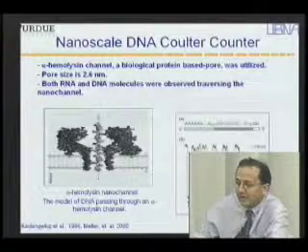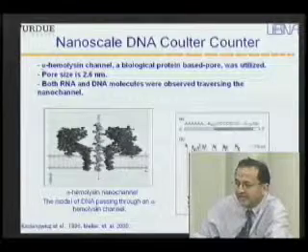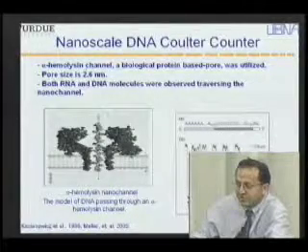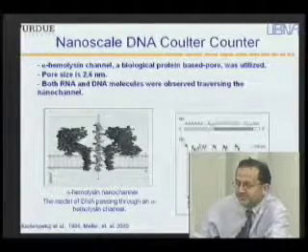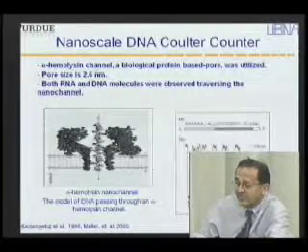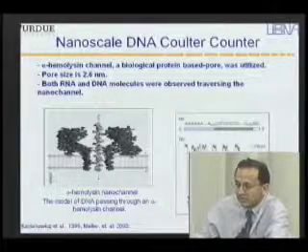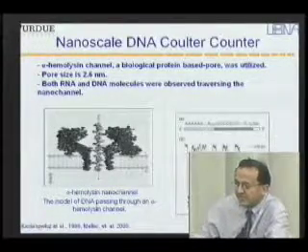This protein called alpha hemolysin can be used as a channel. This is a protein-based pore that self-assembles into a structure with a 2.6 nanometer hole through it. Okay, 26 angstroms. And this is just barely enough to pass a single molecule of DNA through it.